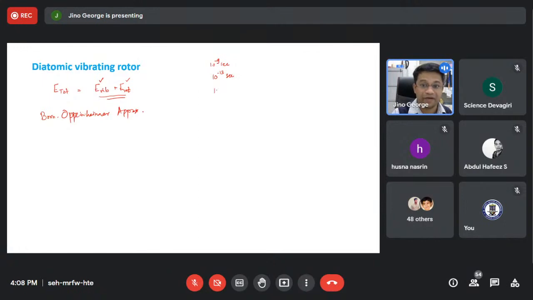Electronic absorption happens at 10 power minus 16 to minus 17 second. That's very important. That means close to 10 to 100 attoseconds. This is electronic. This is vibration. This is rotation. I'm mentioning them by their corresponding notation so that it is very clear to you.